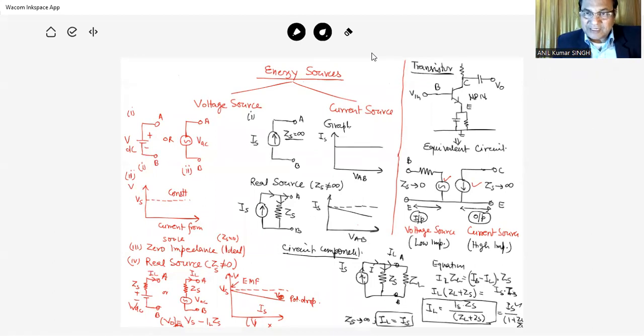If you have a little idea about biasing, this one is forward bias, which is low impedance, and this is reverse bias, a high impedance in the active region. So this is an example.